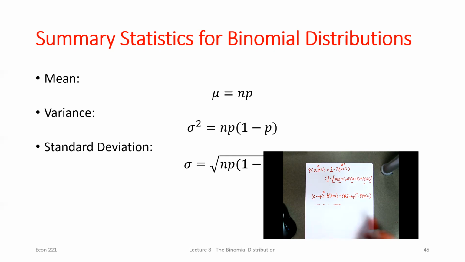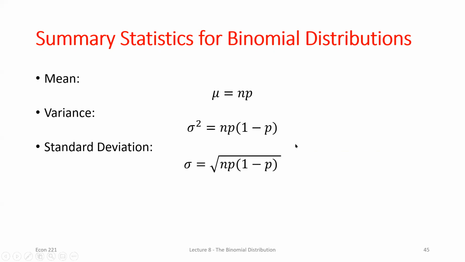If we were to write all this out, every time we have a probability, this would be the binomial formula, plugging in 0 for X. You can Google the mathematical proof, but this always simplifies down to N times P times 1 minus P. There are quite a few steps, but you can look it up and go through the steps and see that it always simplifies down to N times P times 1 minus P. So we won't ever have to prove it, but we can use this.